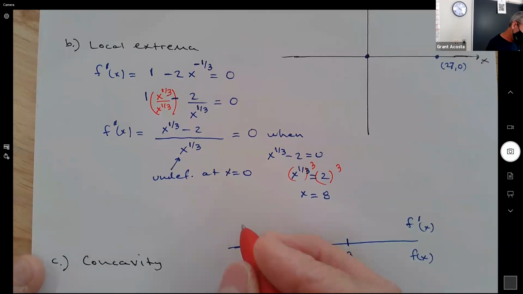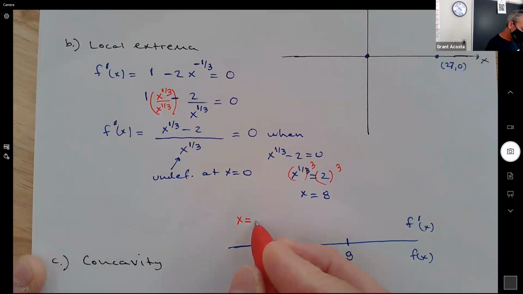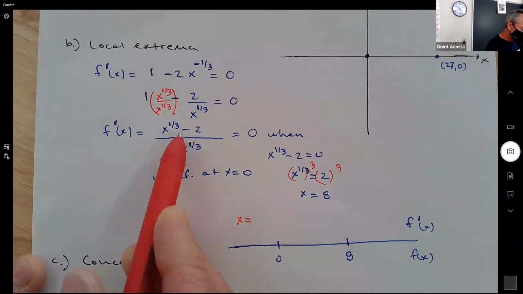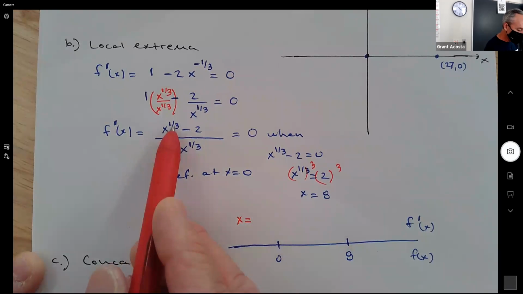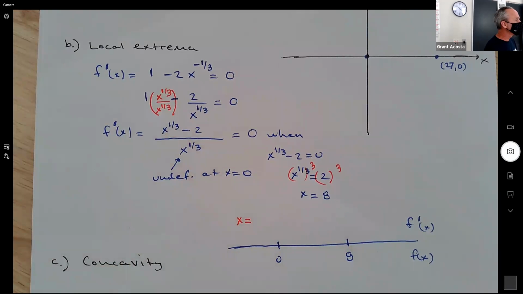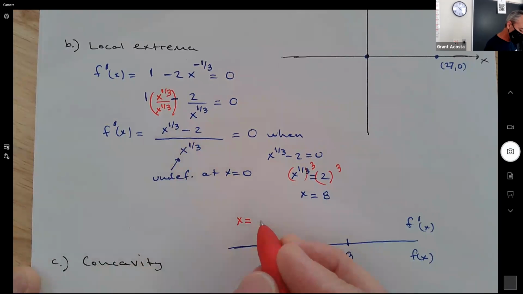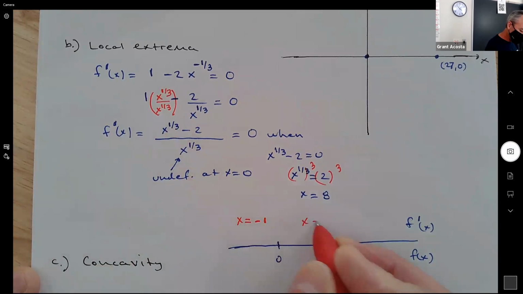Pick some test numbers here. I was thinking too, it pays, you'll see when you get into more complicated functions, I've been picking random numbers, but sometimes you're going to think about where you're going to plug that into. We're all okay with something to the 1/3 means the cube root, right? So I want to pick numbers that have nice cube roots. -1 is fine. 1 is fine.